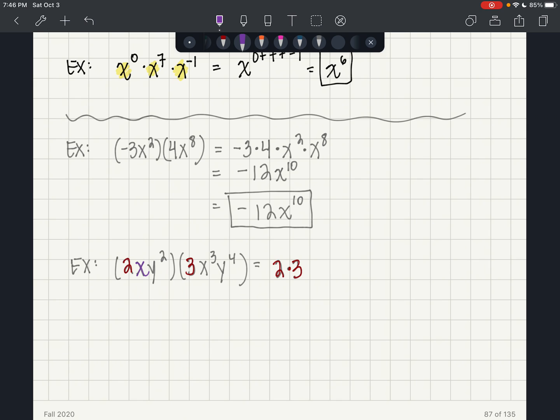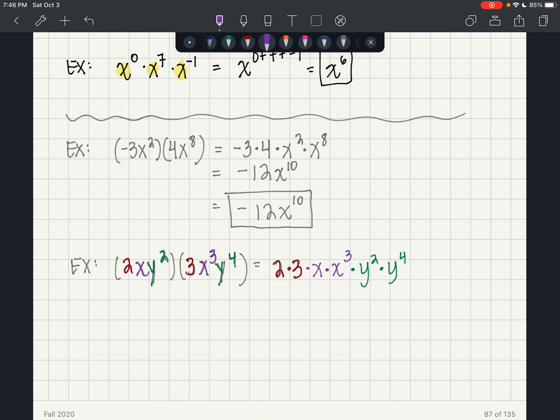And then the x's, I'm going to organize those next. So that's x to the first times x cubed. And then we'll have y squared times y to the 4th times y squared times y to the 4th.